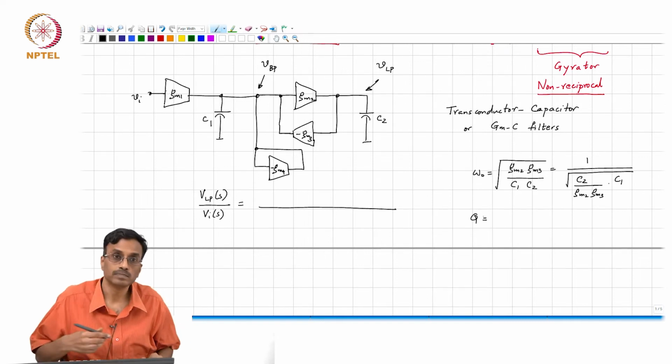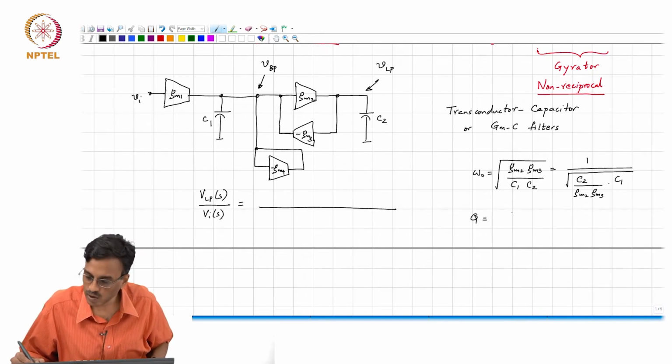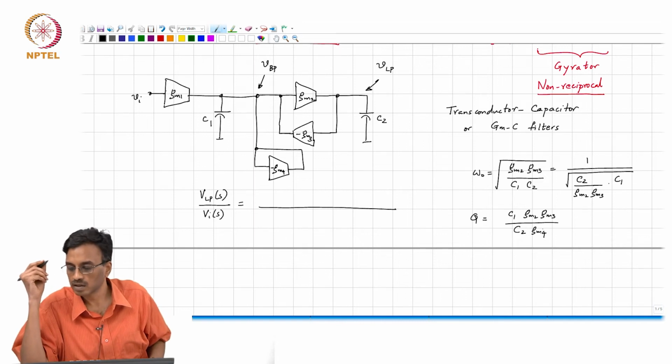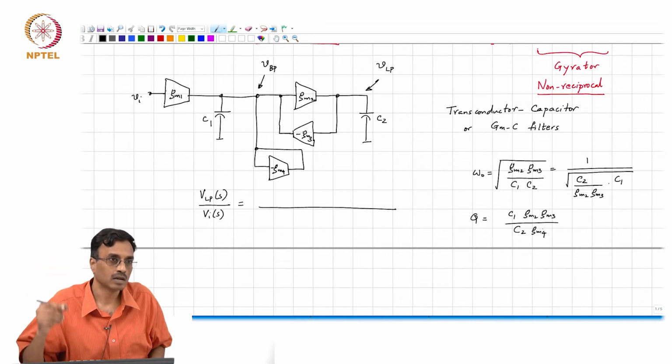C1, GM2, GM3 divided by GM4. Is this correct? Well, it doesn't seem dimensionally correct. Q must be dimensionless, correct?